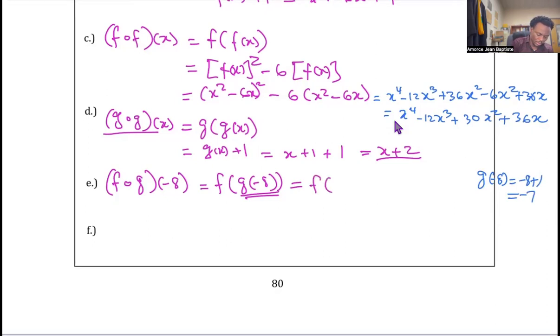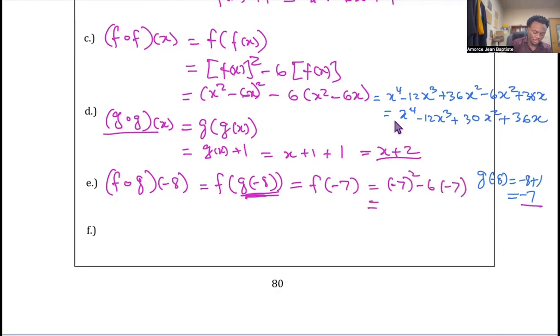Replace it here. That's f of g of negative 8. We found it, negative 7 here. And then you calculate f of negative 7, which is negative 7 squared minus 6 times negative 7.